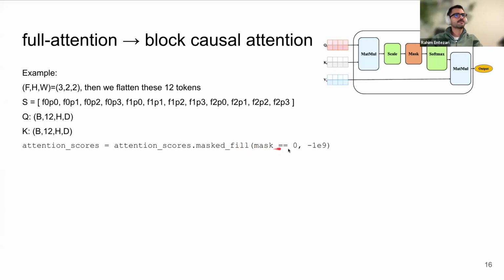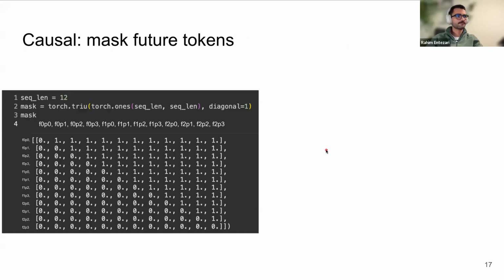Wherever the mask is 0, make it negative infinity, or 1 to the power of -9. It says that when I'm processing this token, don't look at future tokens. When I'm processing this token, only look at this one and whatever comes before that. Don't look at the future, so on and so forth.